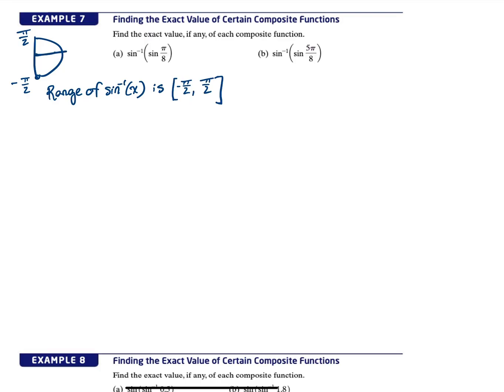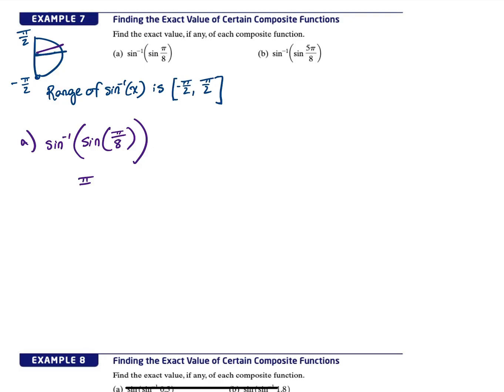So the first example is asking us for the inverse sine of the sine of pi over 8. So if I have something like this, I think about where this angle will be. Well, this angle pi over 8, it's half of pi over 4.